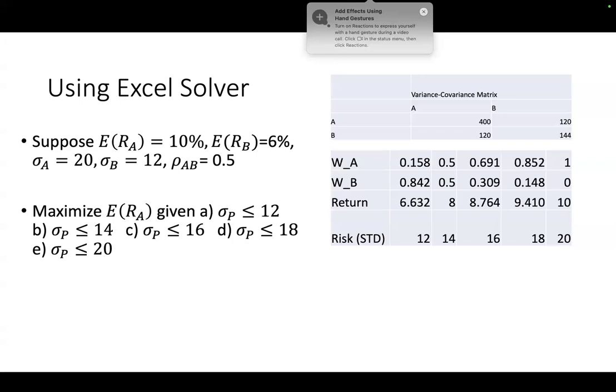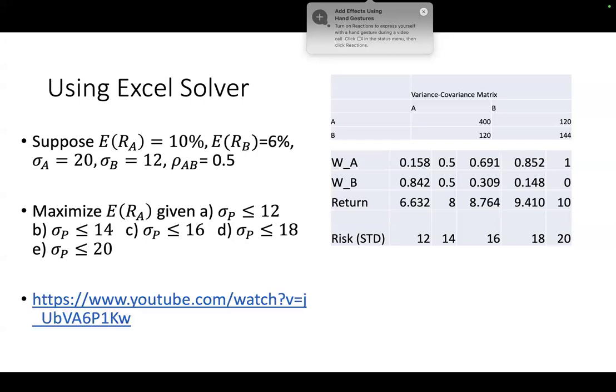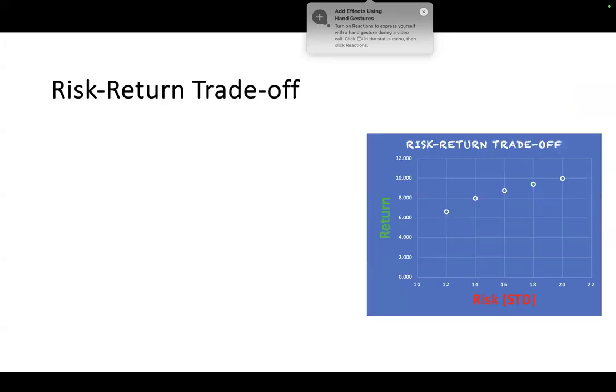Given the fact that you want the risk to be less than or equal to 12, 14, 16, 18, 20, you can make this risk-return trade-off, and you'll get this curve at the very end. And this shows the risk-return trade-off that we talked about at the beginning.